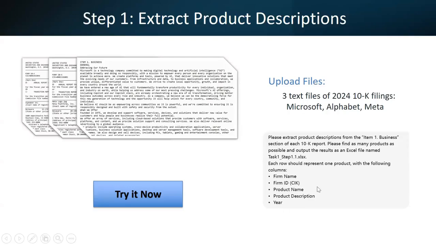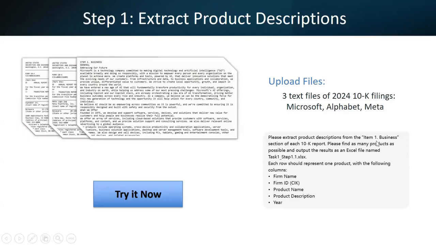The number 1 lesson we want to focus on is that you want the prompt to be as clear and as specific as you can. I'm not just asking the LLM, give me the product description. No. You have to make it clear. You want the firm name, the CIK, the product name, and you tell them to go to Item 1 to do it.